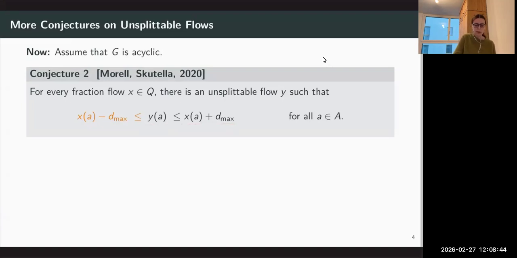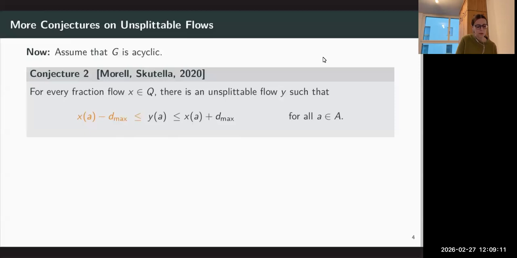But now I could also say, okay, here we're saying the unsplittable flow should be not much more than my fractional flow, but maybe I also want that my unsplittable flow is not much less than my fractional flow. So basically they asked, can we always find an unsplittable flow that doesn't deviate from my fractional flow by more than d max?